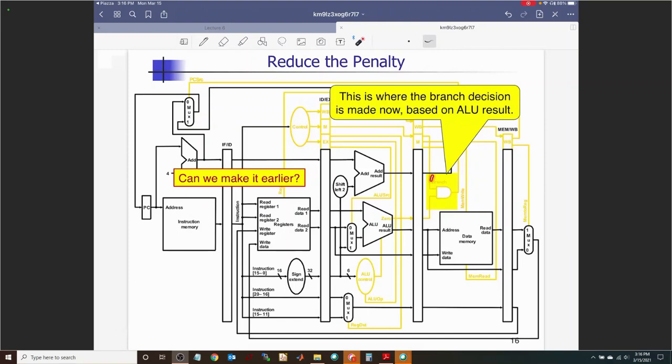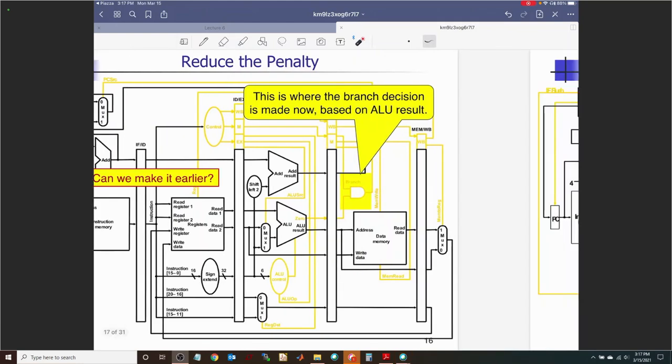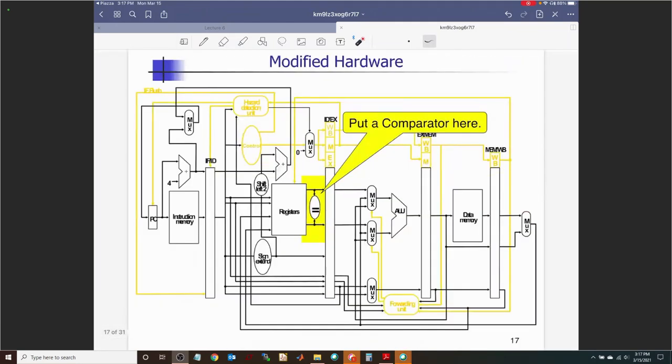So instead of making this decision that late, can I make that decision sometime earlier in the pipeline? If I'm able to make that decision earlier, then I may not need to wait until the memory access stage, the data memory access stage. And hence, I would have reduced the penalty.